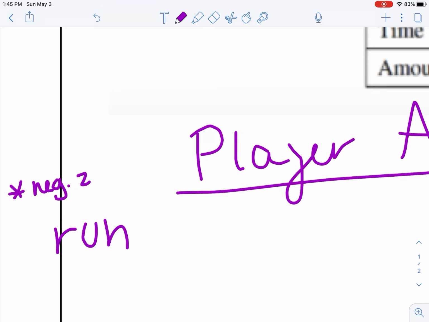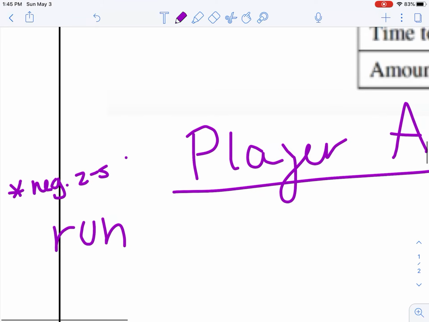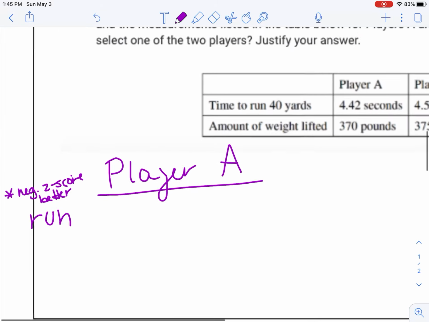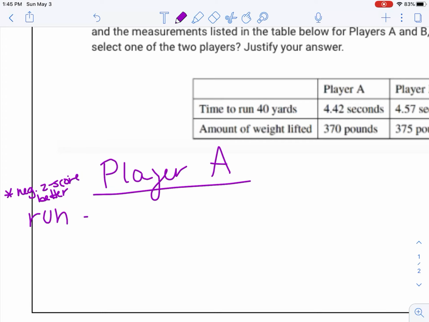Negative z-score better for running. Okay, so player A, we get that the z-score is 4.42 seconds minus the average of 4.6 divided by 0.15. A negative z-score of 1.2.